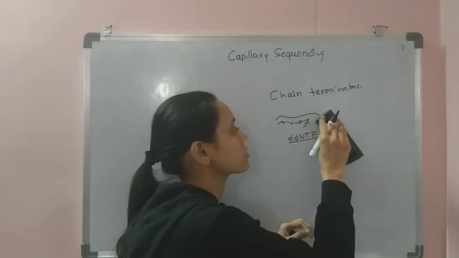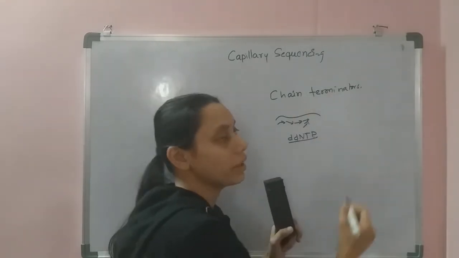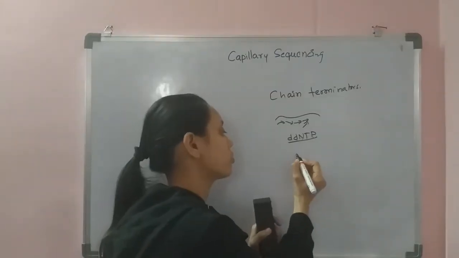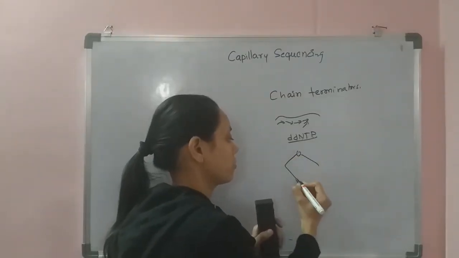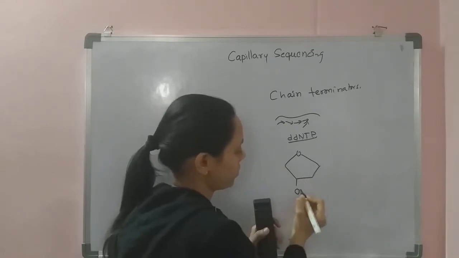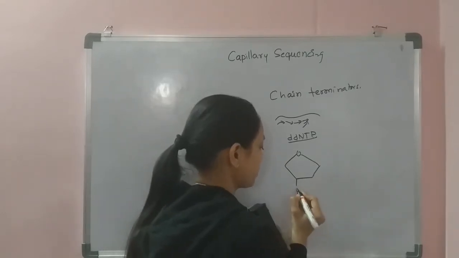Thereby the DNA synthesis will stop. Hence these are called chain terminators. These are nucleotides which don't have the 3' oxygen moiety. Instead they have hydrogen.